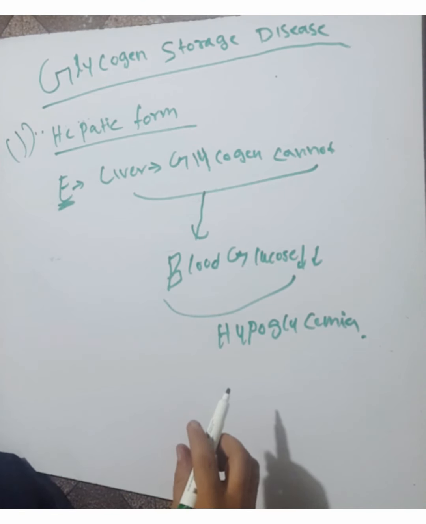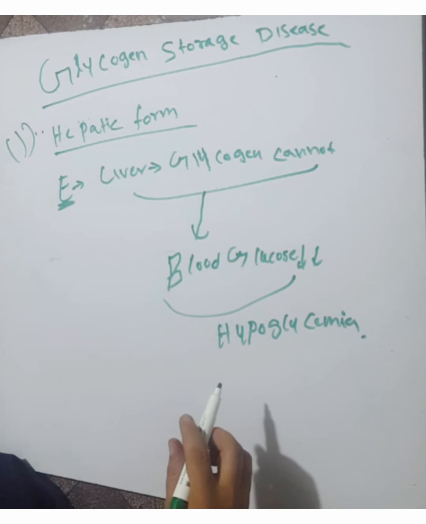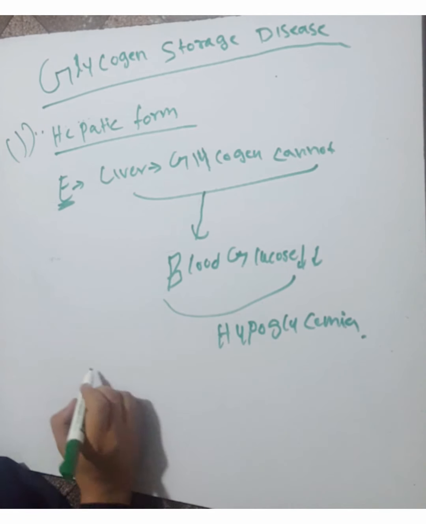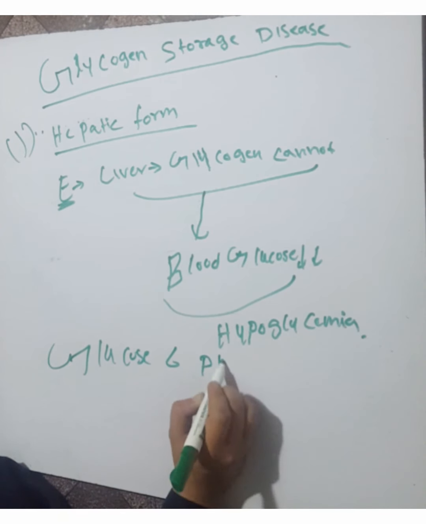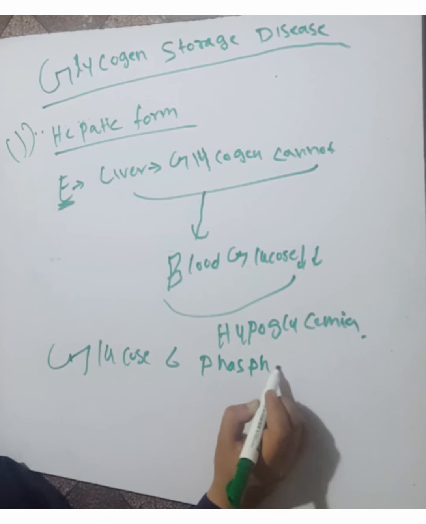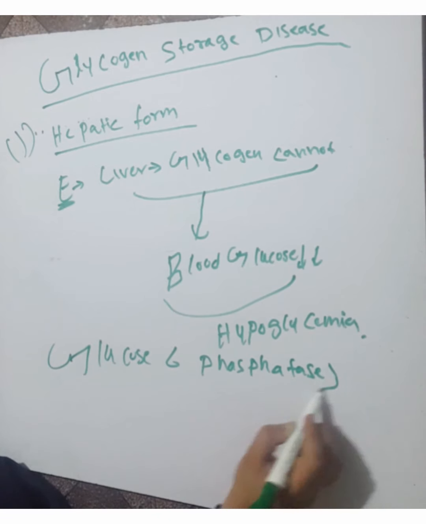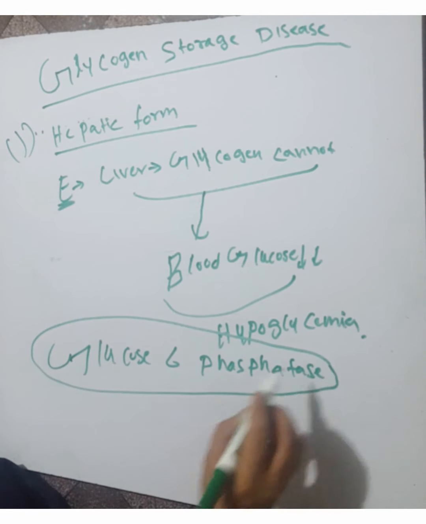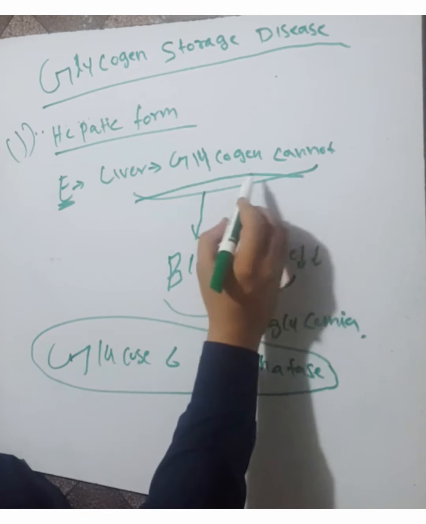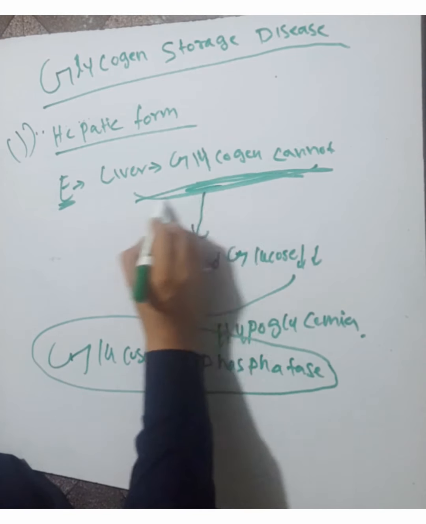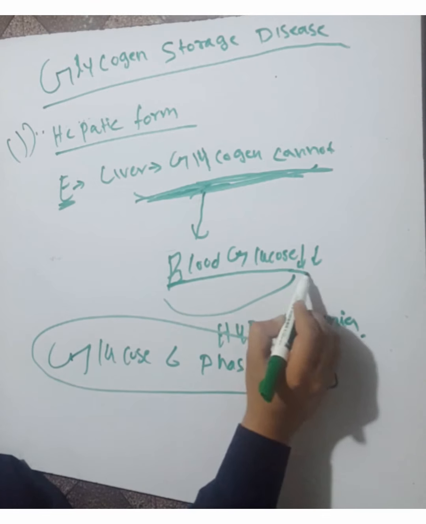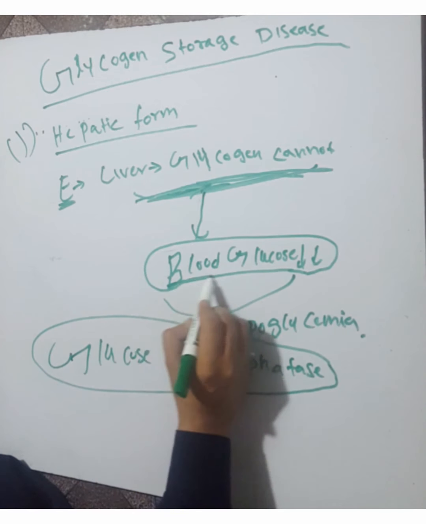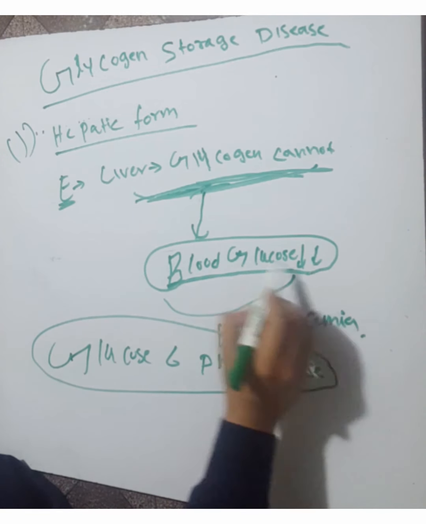The example of the enzyme is glucose 6-phosphatase. If there is a deficiency of glucose 6-phosphatase, the liver cannot synthesize glycogen, and there is no conversion of glycogen into blood glucose because the enzyme is absent.